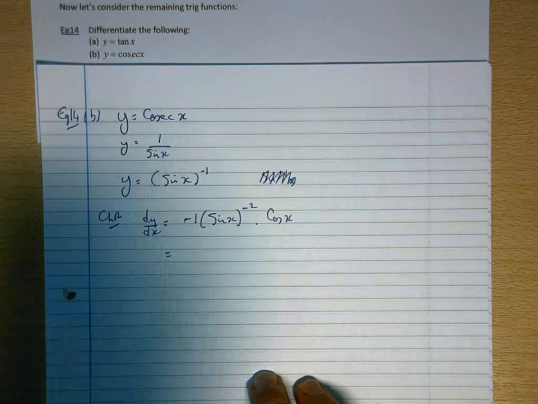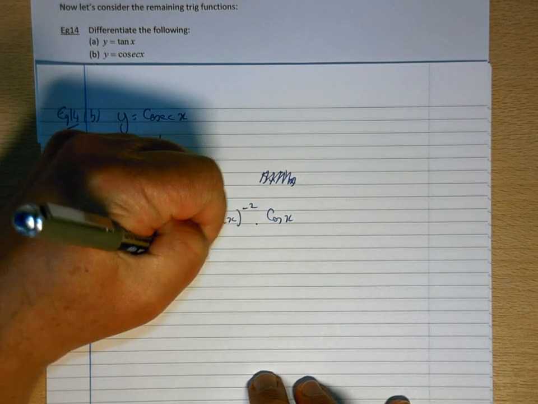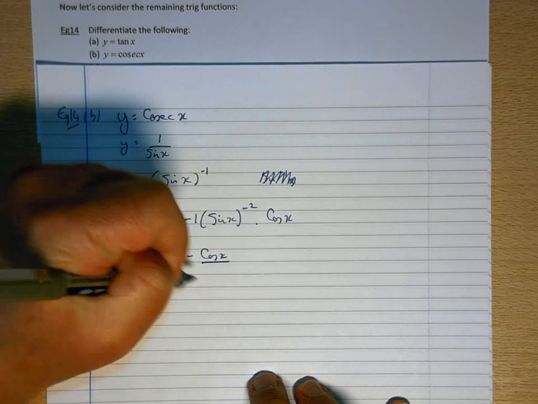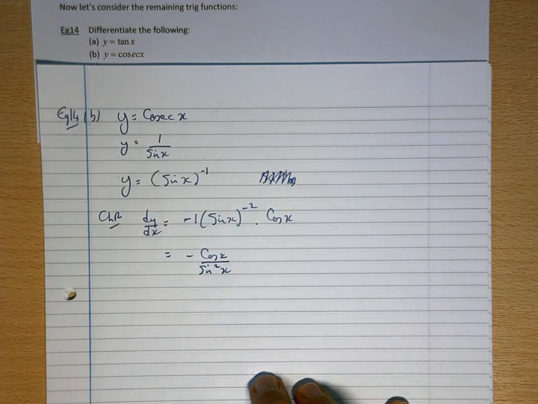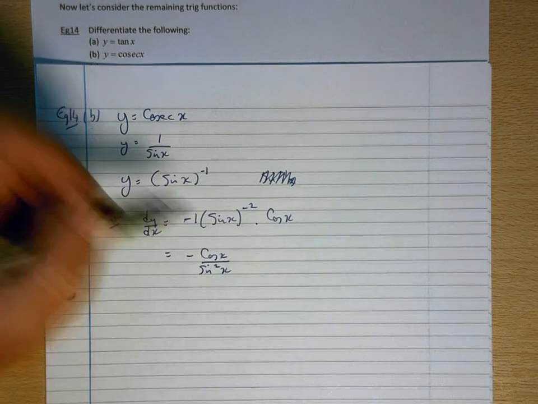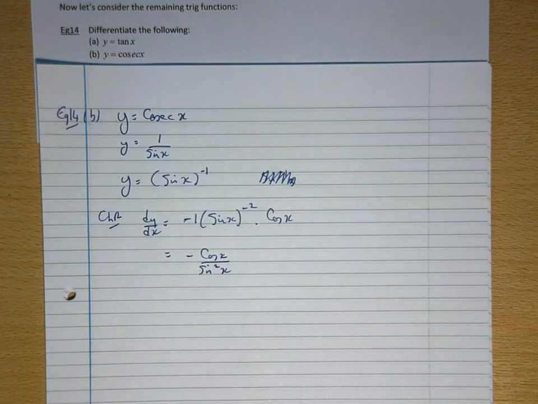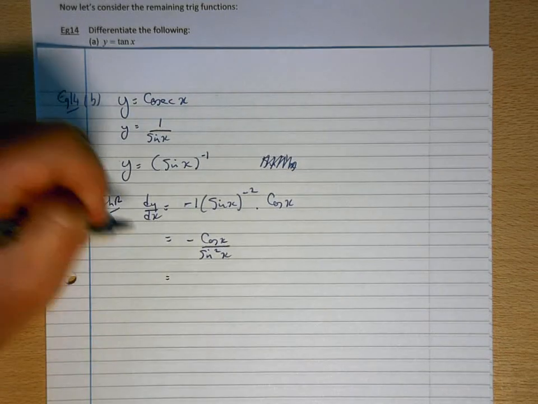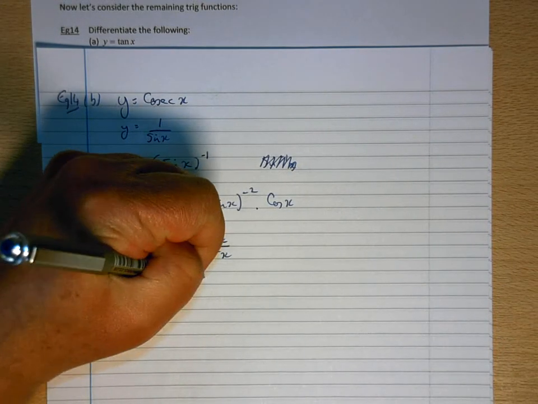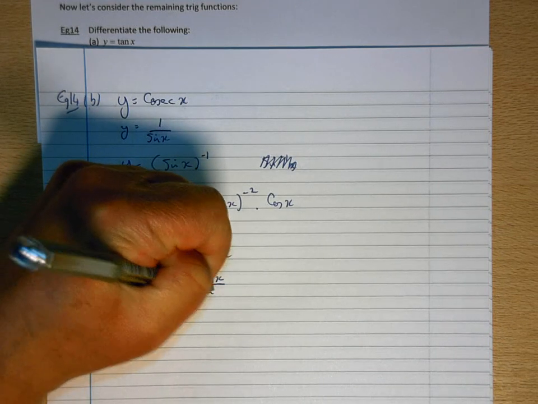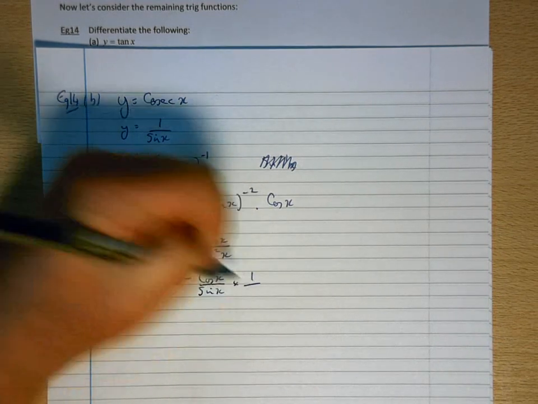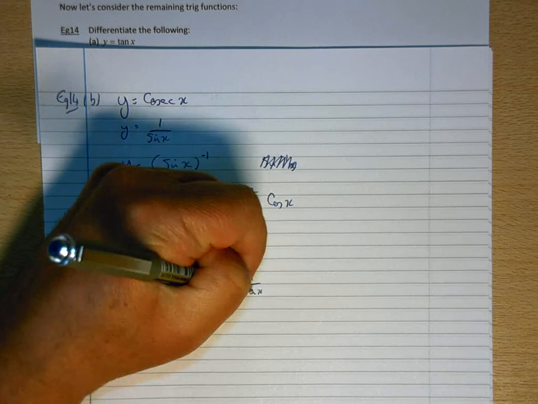So that I can write as minus cos x over sine squared x, taking the negative power back down, which I can write as minus cos x over sine x times 1 over sine x.